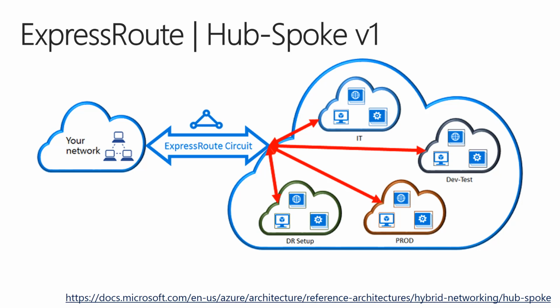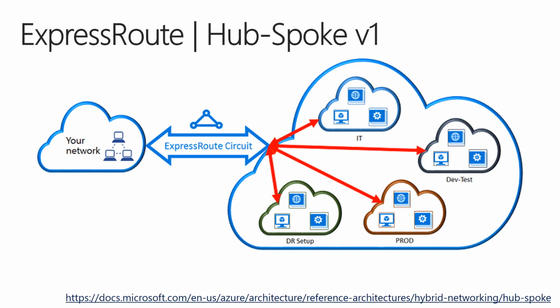To bring this concept to the on-premises world, imagine that each of the 4 VNets you see here were actually rooms containing computers connected to layer 3 network switches. Also imagine that between these rooms, in the hall, you have a layer 3 switch that connects back to your main network. Plugging a network cable from each room's switch to the hall switch would be synonymous with peering to the ExpressRoute gateway.